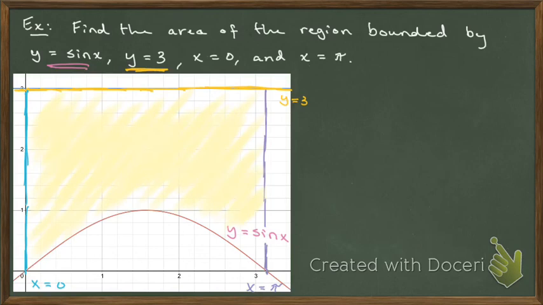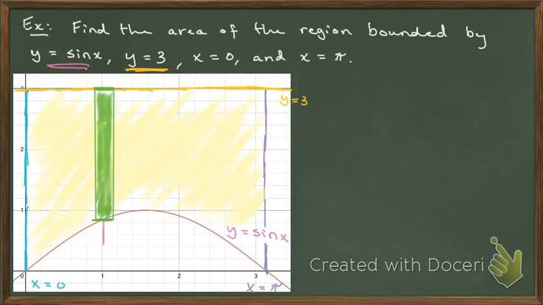Okay. So again, I'm going to try to draw that representative element, that little rectangle. I can put it pretty much wherever in here. I'm going to shade it in green. I need to know the width, dx, of course. That's pretty much the trend here. And I need to know the height of that guy. And again, try to think top minus bottom. We'll get back to that. I can go kind of right to saying top minus bottom, but I want you to try to remember what heights are going on.